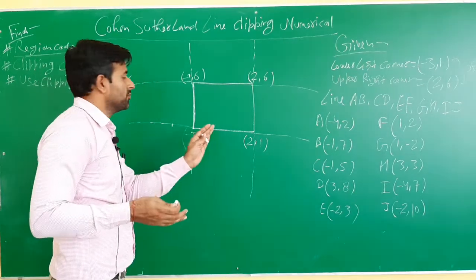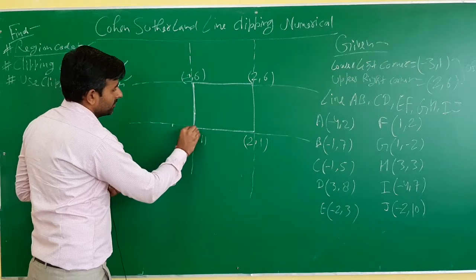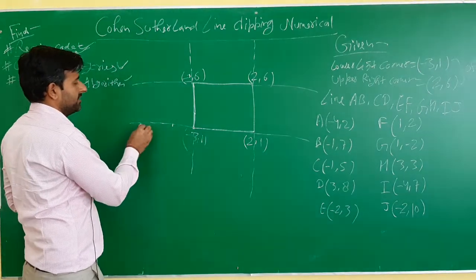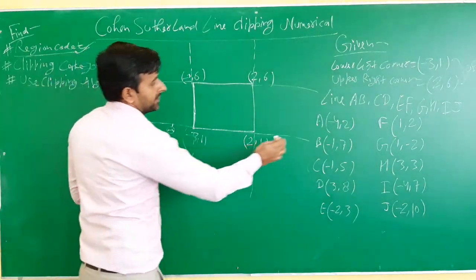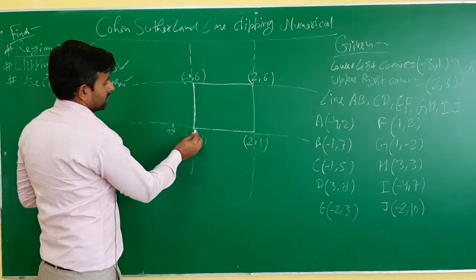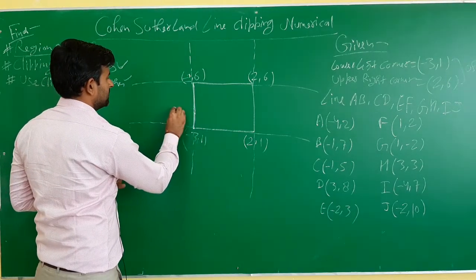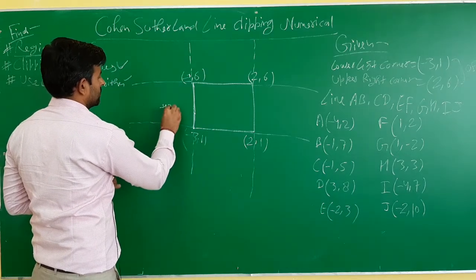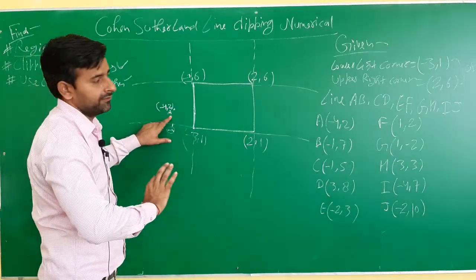And if we move to the left, it will go -3, -4, -5, -6. This is -4, and the y value is 2. Here is 1 and here is 2. Then this is our point -4, 2, and this is point A.